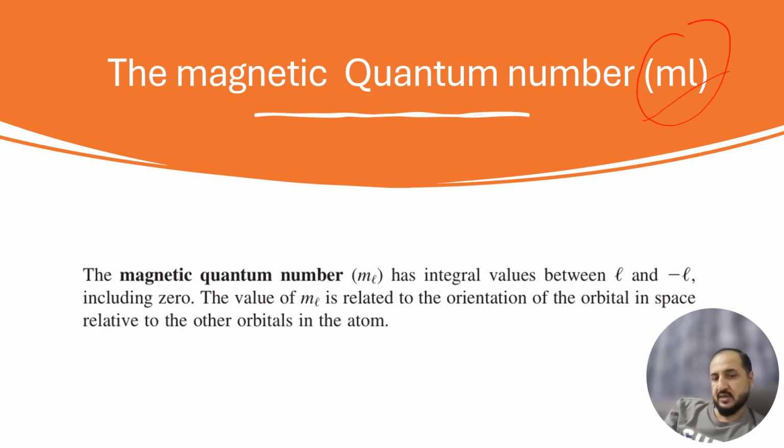So this is basically how the orbitals are arranged three-dimensionally in space. Orientation basically means how it is arranged in space, how it looks like in fact. So this one is talking about the look or the shape of the orbital.